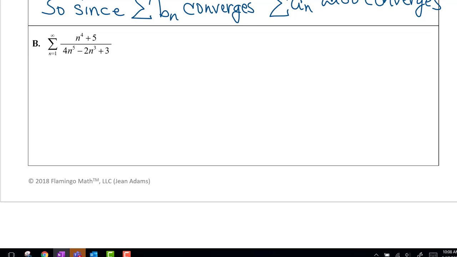And then finally, letter B, that's kind of a messy rational function. So what we want to do again is pick a b sub n, and what we're going to notice is if we look at the powers, and we think of this as n to the fourth over n to the fifth, we end up with 1 over n.